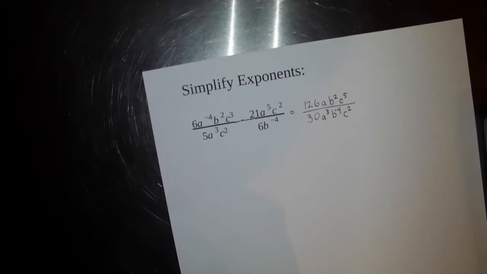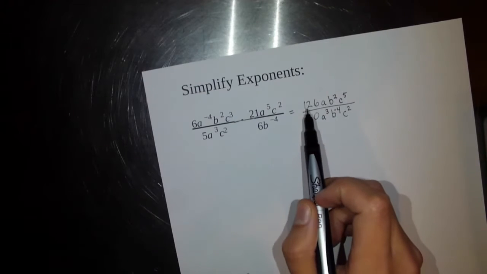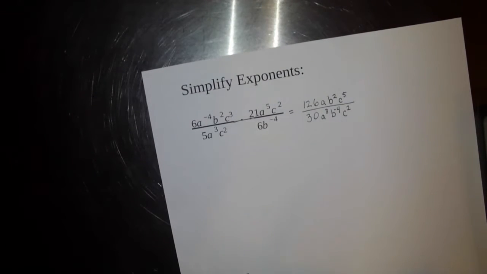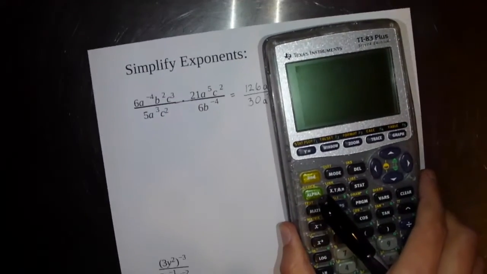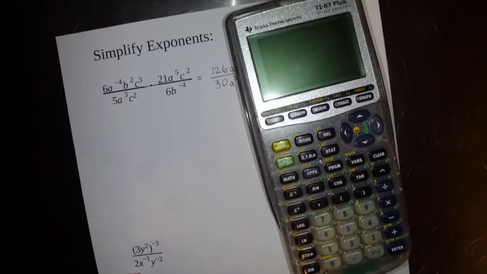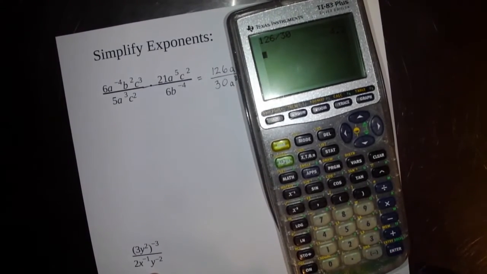Okay, next, when we have fractions with our exponents, we subtract the exponents. But again, 126 over 30, these are not exponents, so I'm going to treat them like a regular fraction. To use your calculator to reduce the fraction, so we have 126 over 30. I just type it in, 126 divided by 30, hit enter.